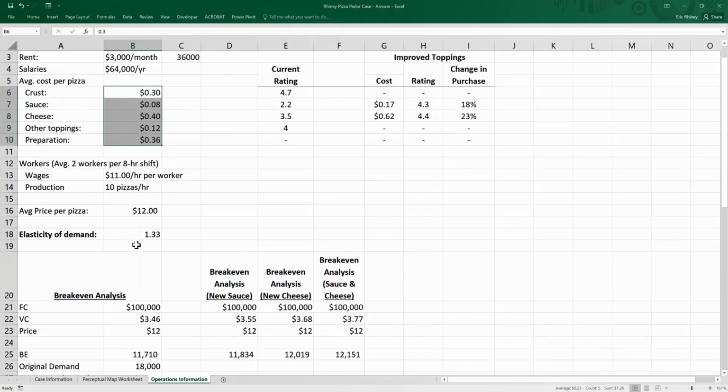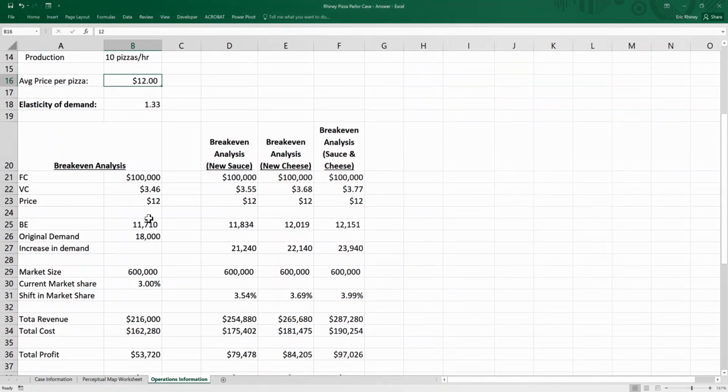All right. $2.20 plus this $1.26 gives us $3.46 in terms of our variable cost. Now that we have our variable cost and our fixed cost, we know our average price per pizza is $12. And again, we sell multiple size pizzas, but this is an average across all of those. All right.